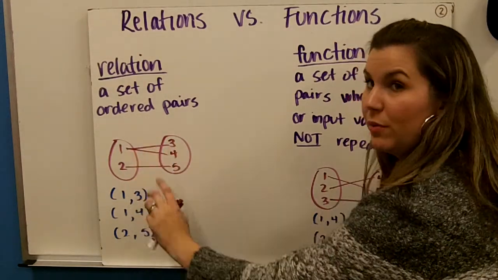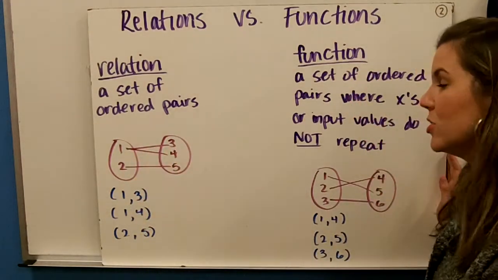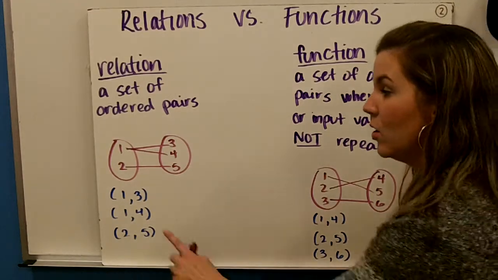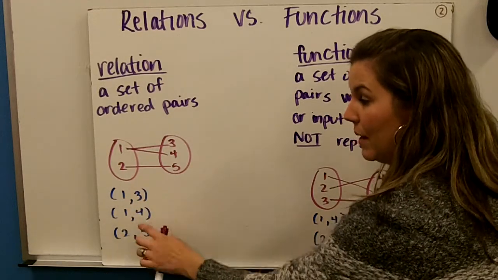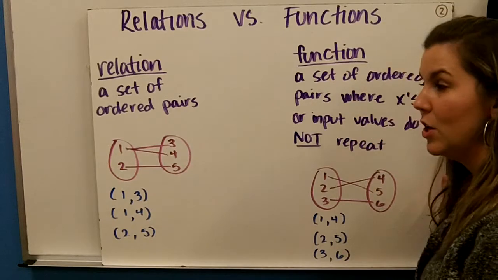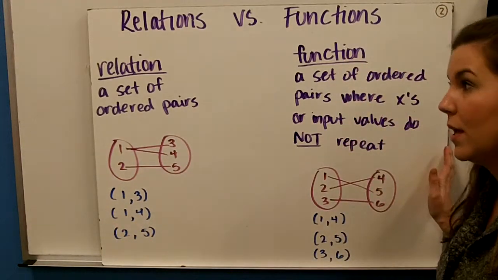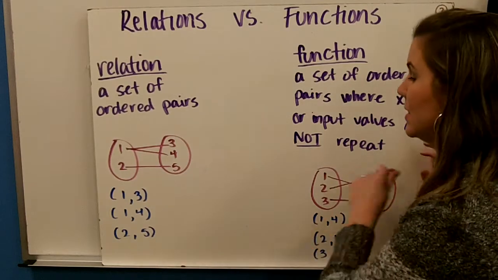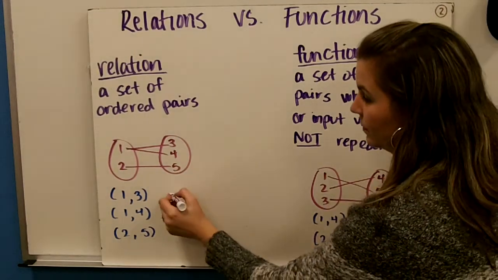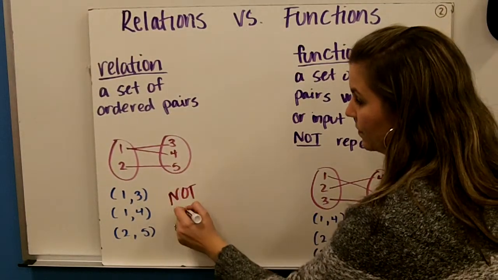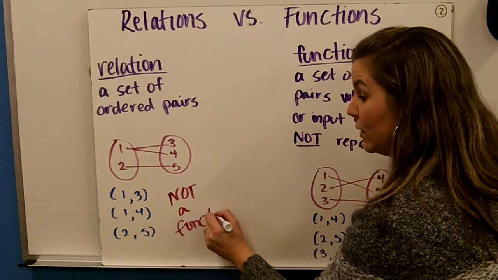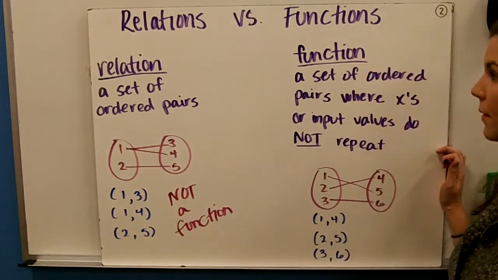This could also be written as a set of ordered pairs. It's just a different way to display it. 1 maps to 3, 1 maps to 4, and 2 maps to 5. You can see that the x values of 1 repeat. So this is not a function. It is a relation, a set of ordered pairs.